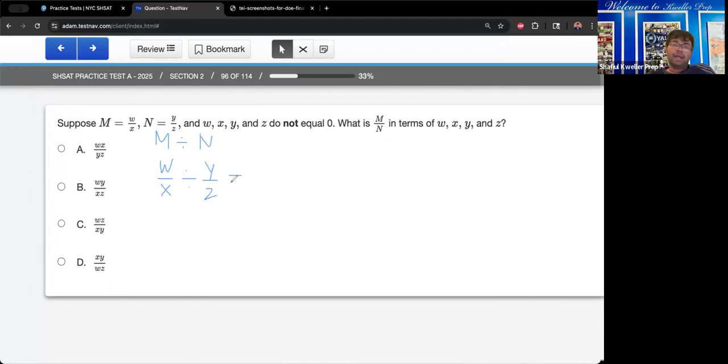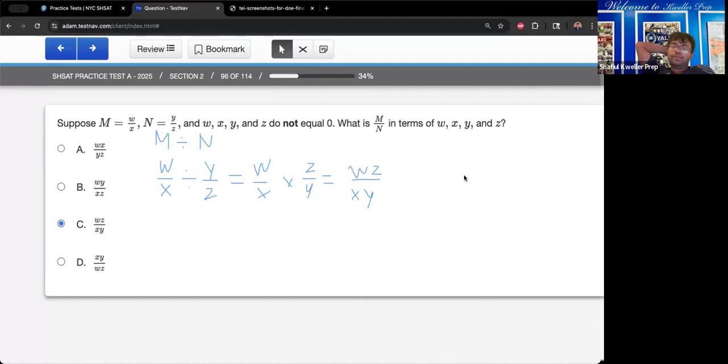W over x divided by y over z. Keep the w over x, change division to multiplication, and then flip the fraction. So the answer should just be C.